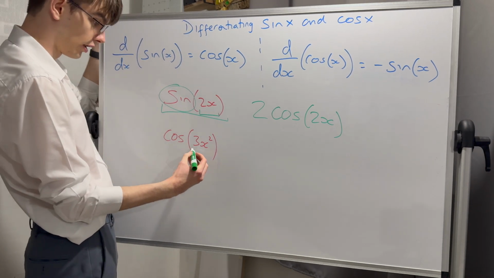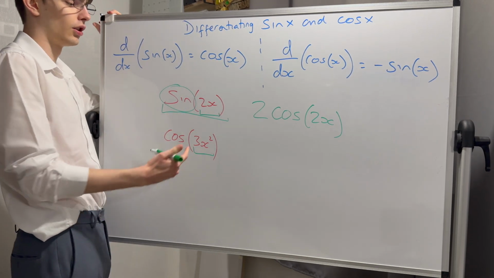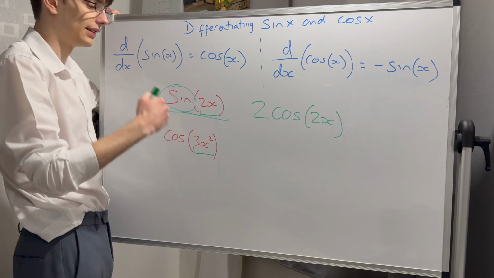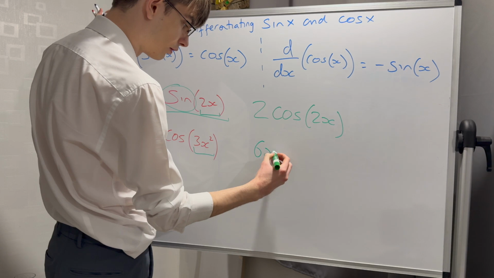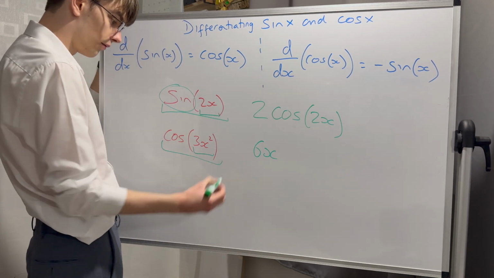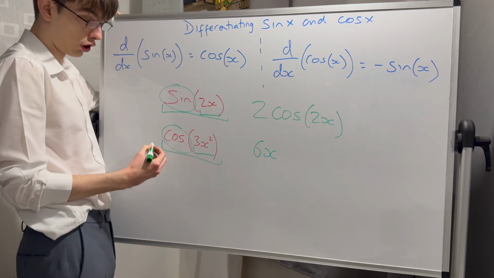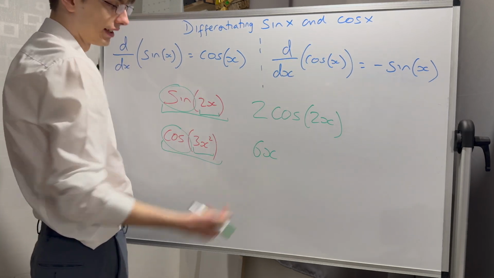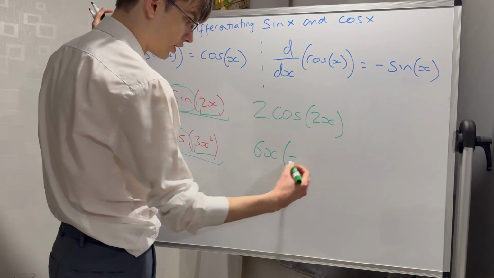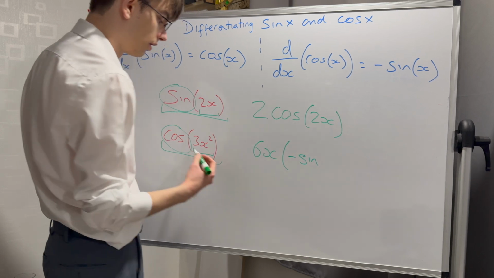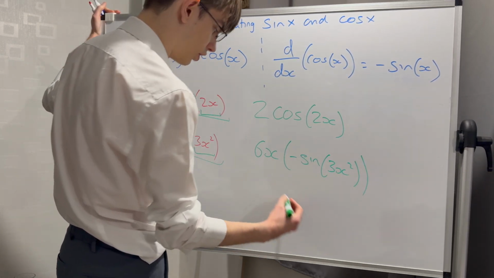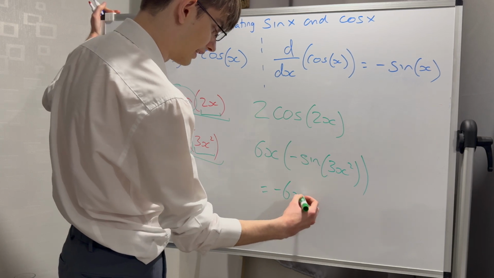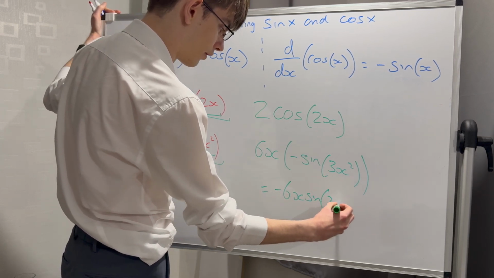I'm going to take the argument inside, 3x squared, and differentiate it. 3x squared differentiates to 6x. And then my whole thing, particularly the cos, cos differentiates to negative sine, so I end up with minus sine, and the argument stays the same, of 3x squared. So I end up with minus 6x sine 3x squared.